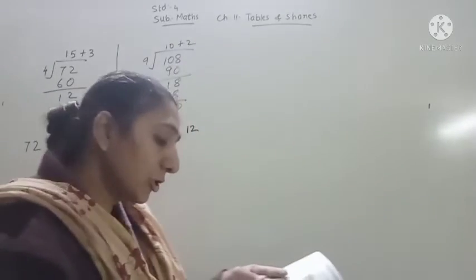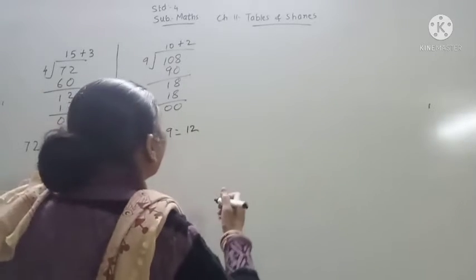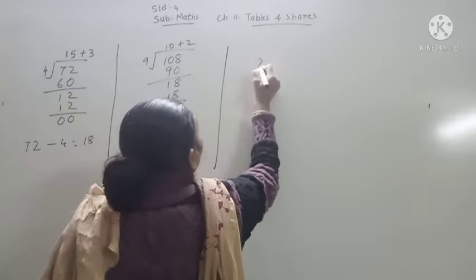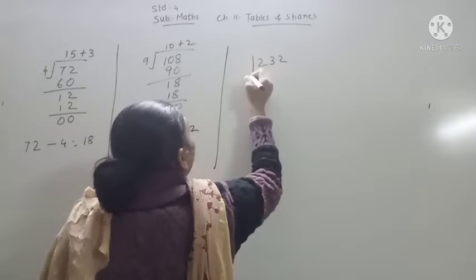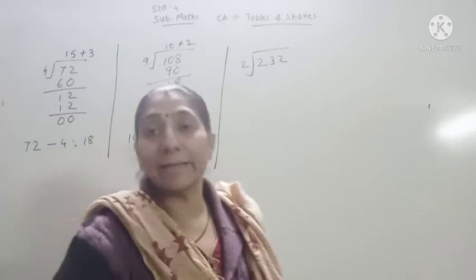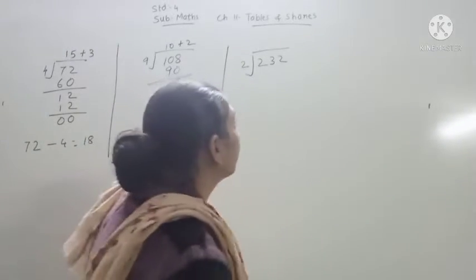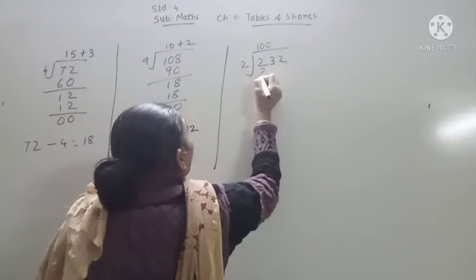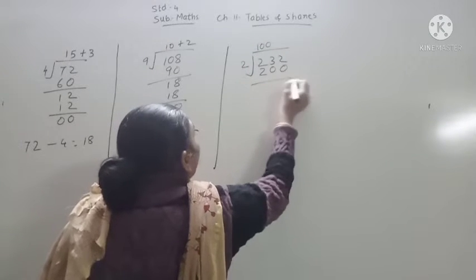Then the next is 232 divided by 2. You can directly take a bigger number. 2 multiplied by 100 is equal to 200.